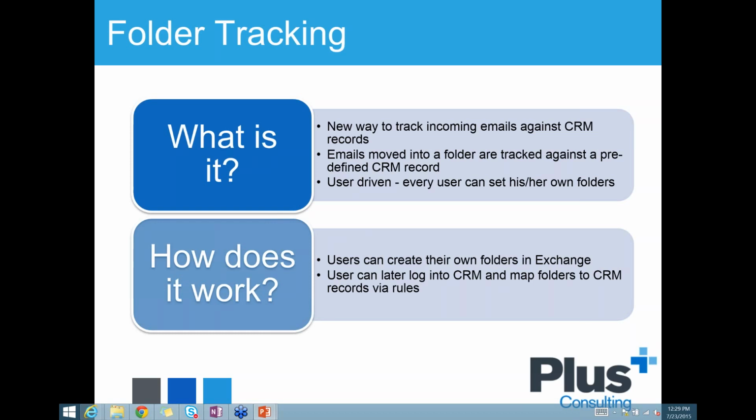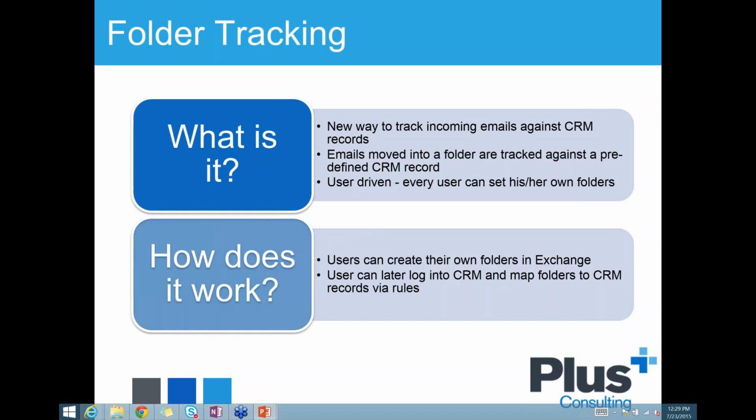Every user sets up these folders and then goes into CRM and creates rules that map records in CRM against those folders, so that whenever an email comes into your phone or your Outlook web app or even Outlook, you can take that and move it into one of these folders, and then it knows that it has to track it against that particular record that you set it up for.